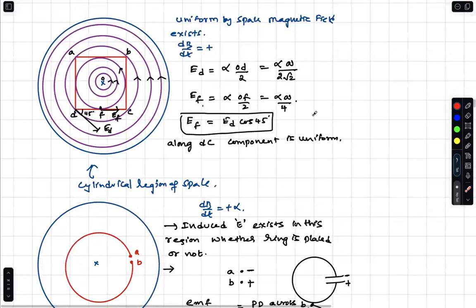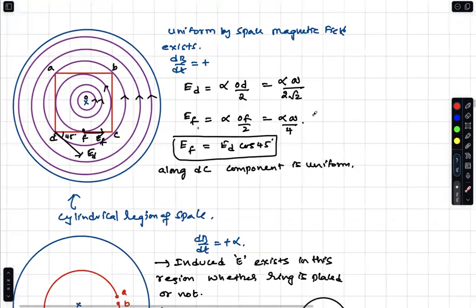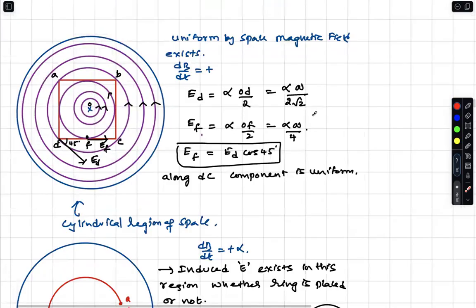Now you imagine a cylindrical region of space like this, filled with magnetic field, and dB by dt is positive, increasing flux. I told you my left hand and right hand thumb rules.